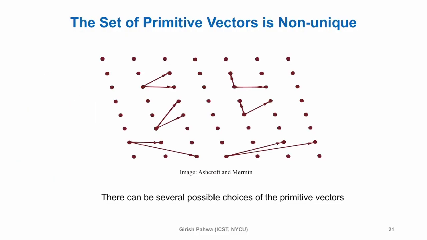Again, let's go back. This minimum repeating area has one more property. How many points are there in this repeating volume? How many points are there? 4. How many points are there in this area? 1. It's just 1 point.